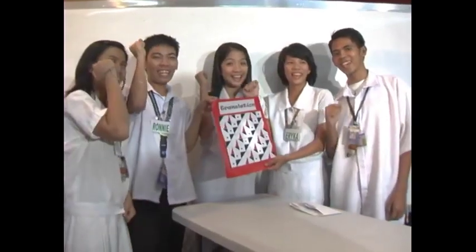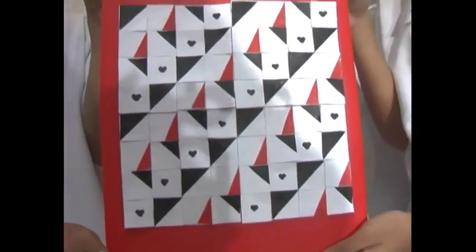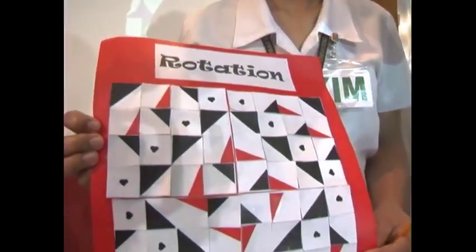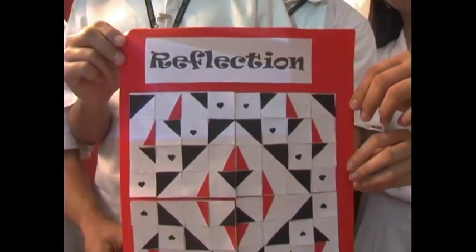The first group was asked to do the translation. So this was their work. The second group was asked to do the rotation. And the third was asked to do the reflection. So we realized that we can form many designs using the modular tables.